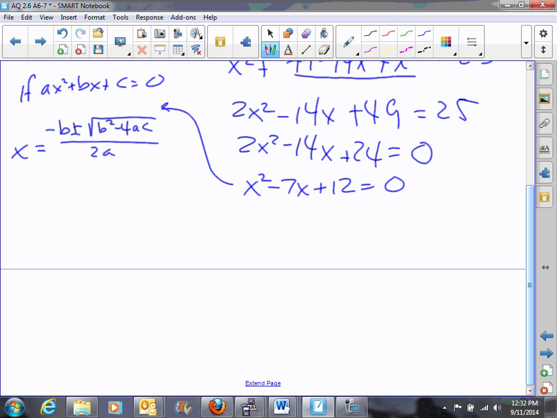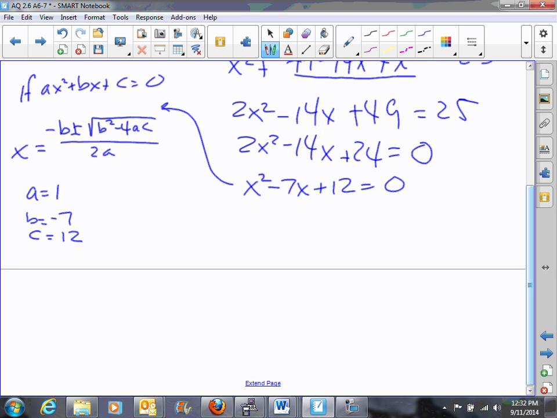This is called the quadratic formula, and it's something that's supposed to have been presented in Algebra 1, and I find that most students have actually memorized this, and this is important. So we're going to make use of this. In our case, a is 1, b is negative 7, and c is 12.